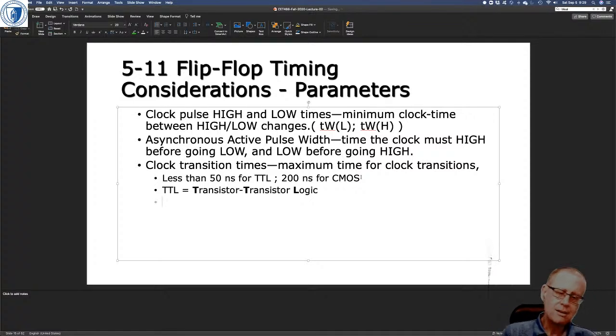The reason that it's called TTL is because the technology before TTL was called resistor transistor logic.